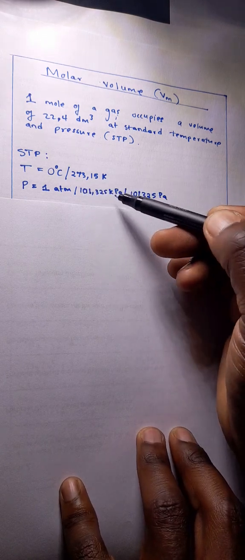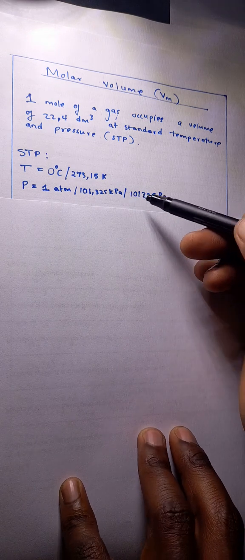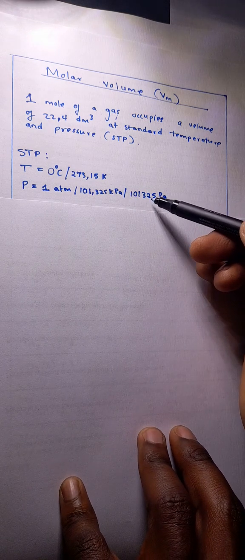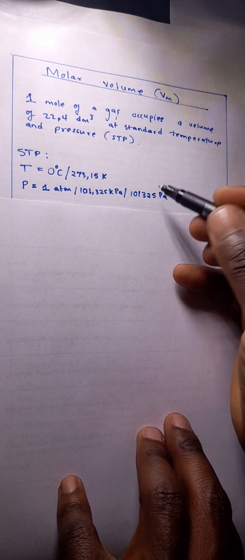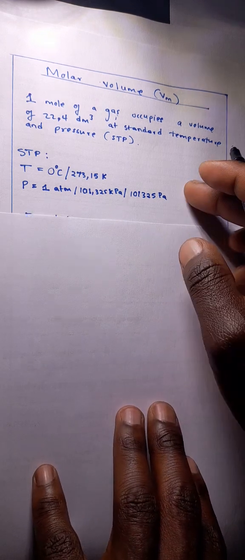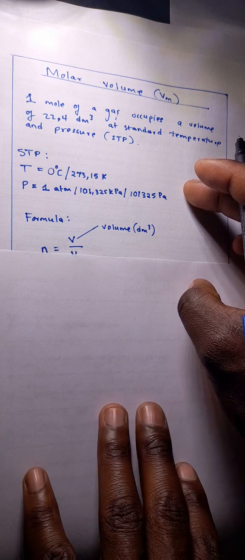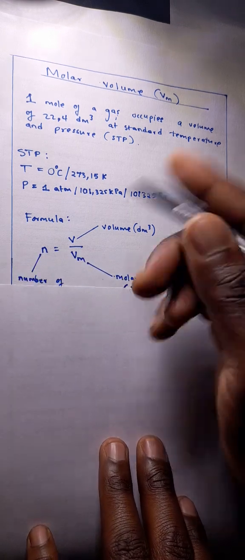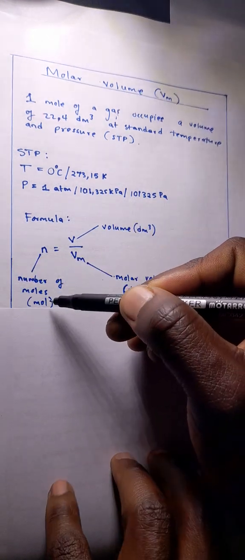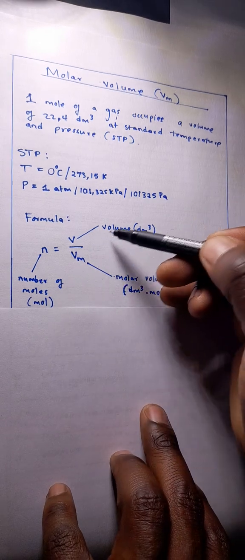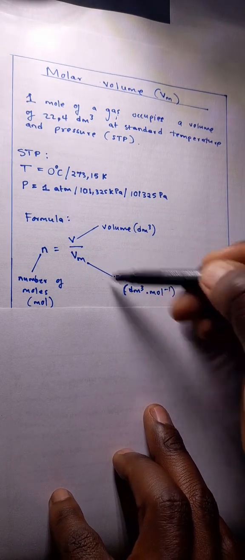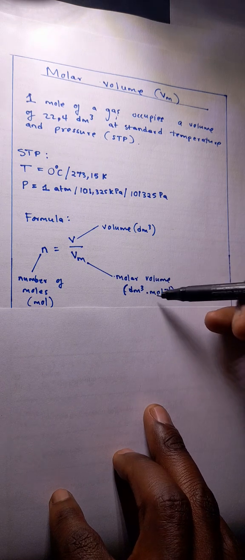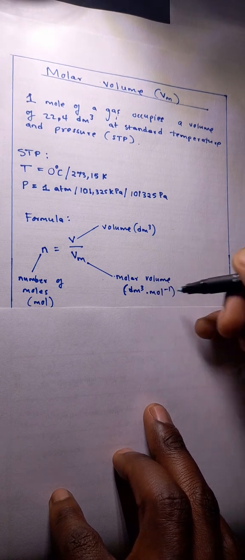If you convert this kilo, you'll have 101,325 pascals. We also have a formula that we're going to use here: the number of moles equals volume over molar volume. The SI unit of number of moles is mole, the volume is in cubic decimeter, and the molar volume is in cubic decimeter per mole.